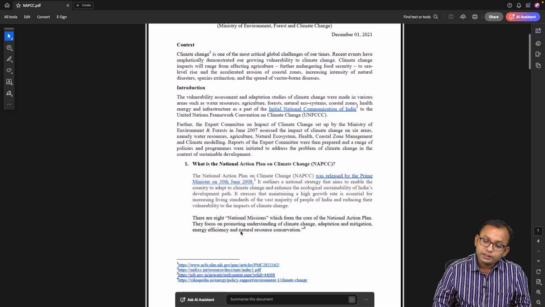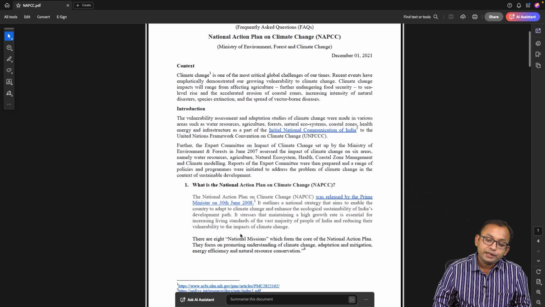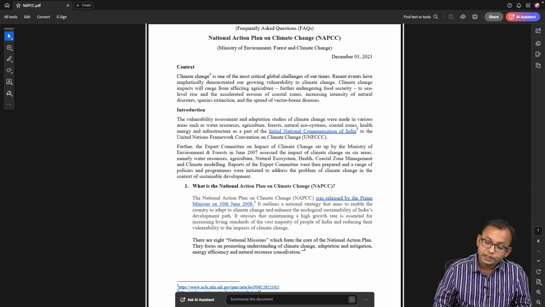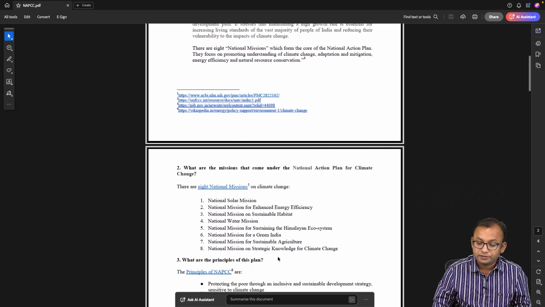On this framework, the government of India has decided to establish 8 national missions, which form the core of this national action plan, and they focus on promoting understanding of climate change adaptation and mitigation, energy efficiency and natural ecosystem resource conservation.